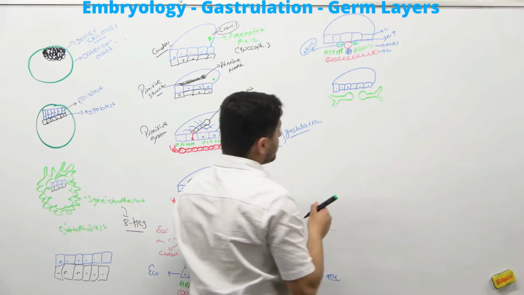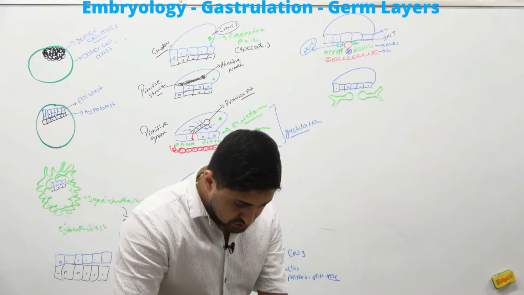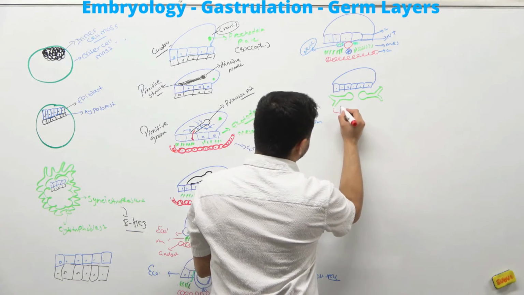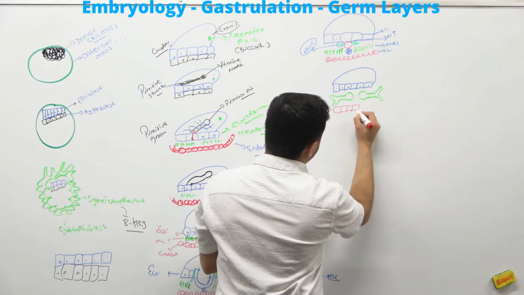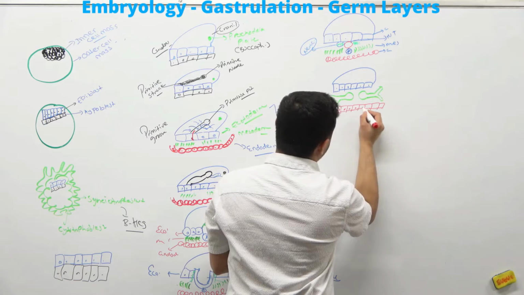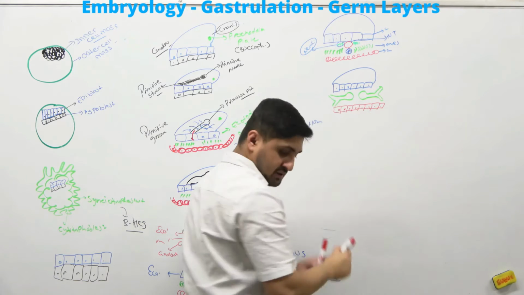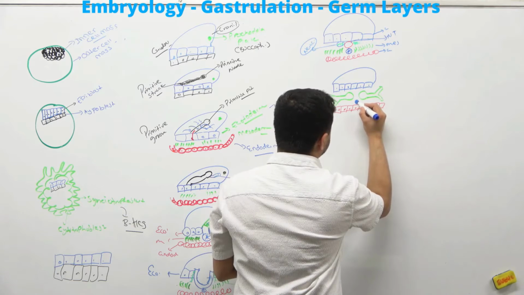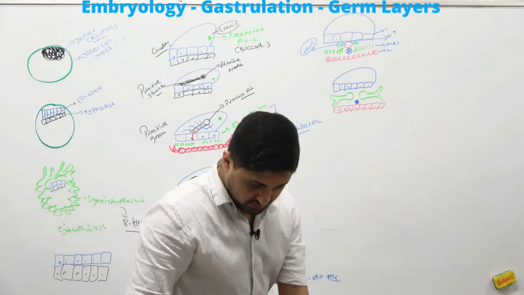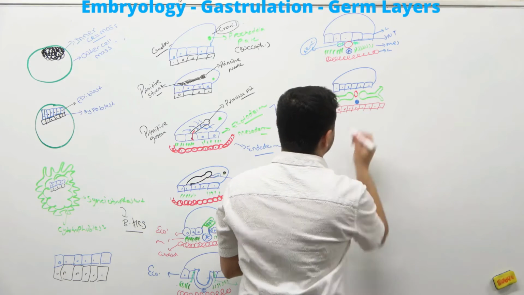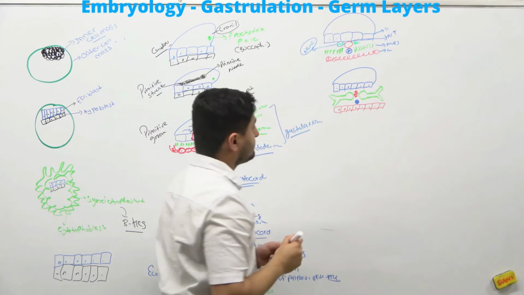And there's a different cell, this is your endoderm cells. And then right down here you have these cells, and this is called, what is that called? Notochord.